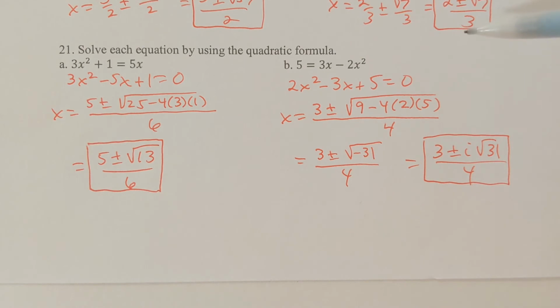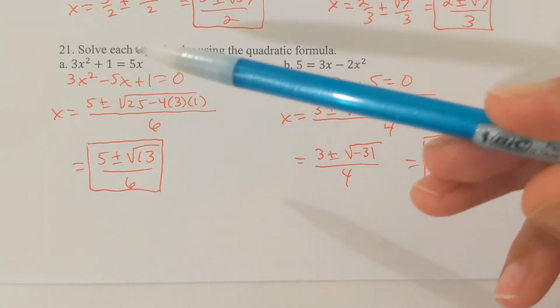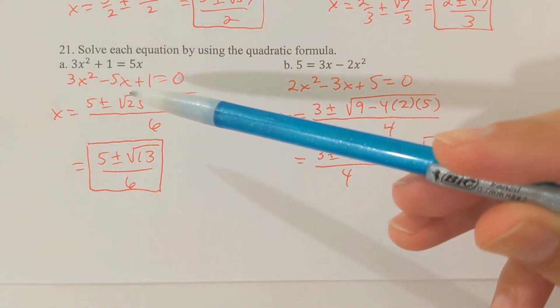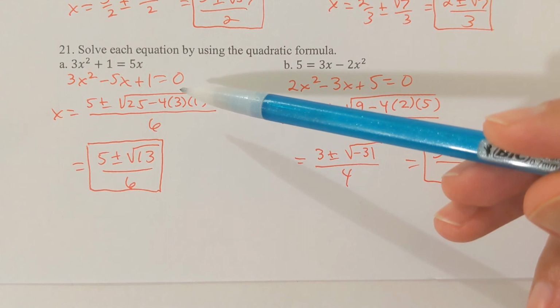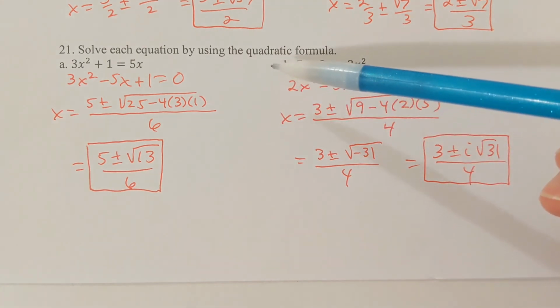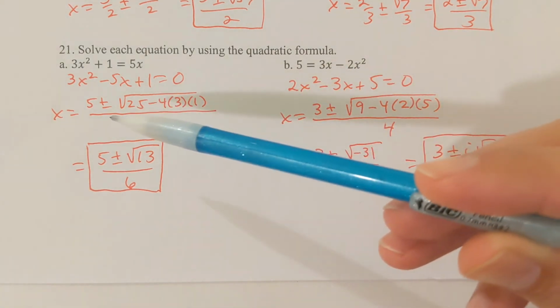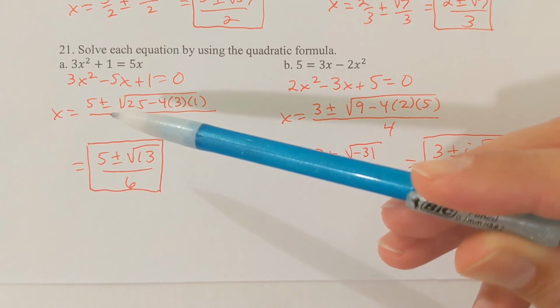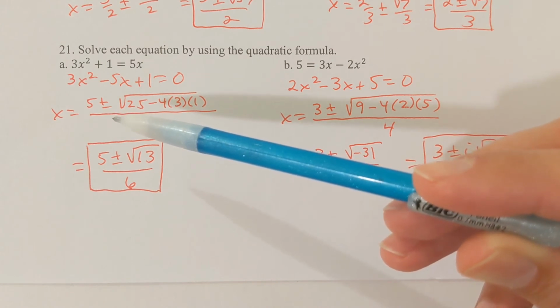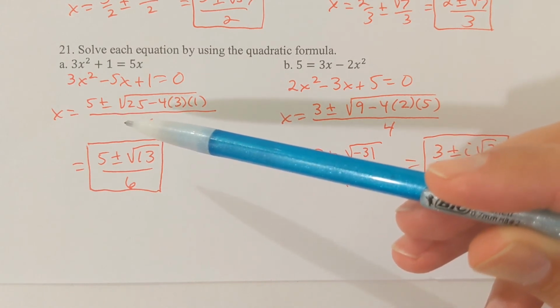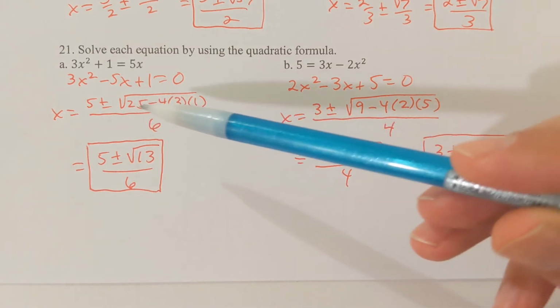Problem 21, solve each equation by using the quadratic formula. Part A, 3x squared minus 5x plus 1 equals 0. Okay, I'm using the quadratic formula, so the opposite of b plus or minus the square root of b squared minus 4ac all over 2a is the formula that I'm using.